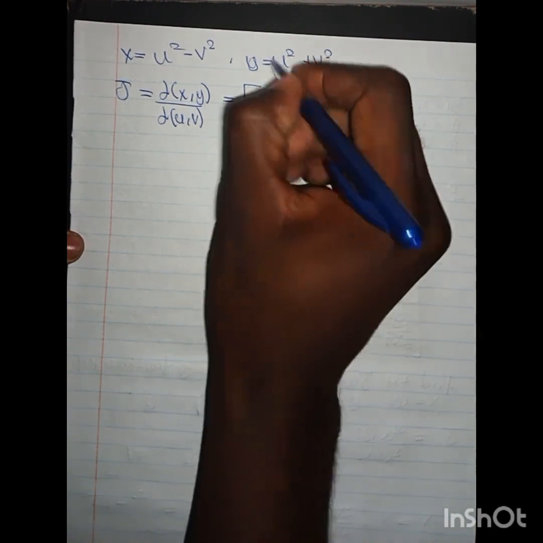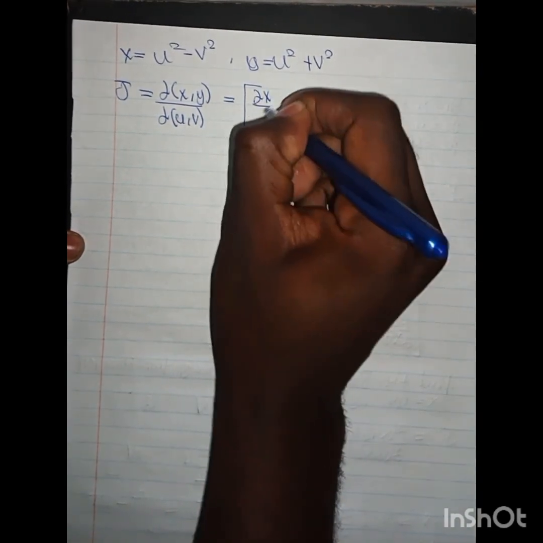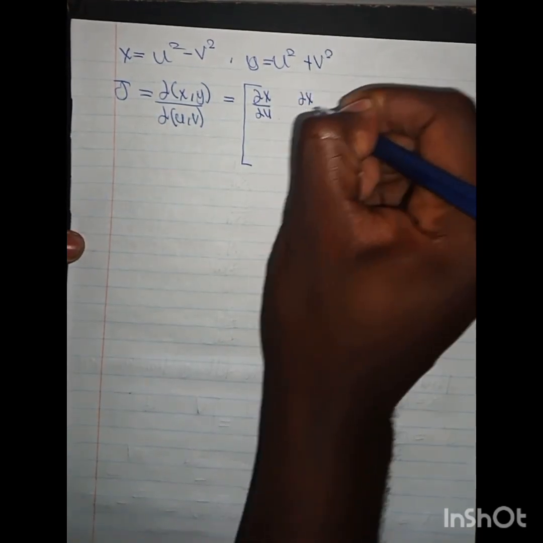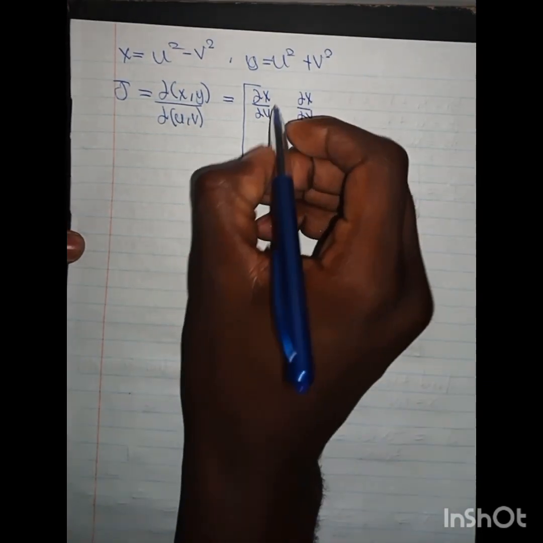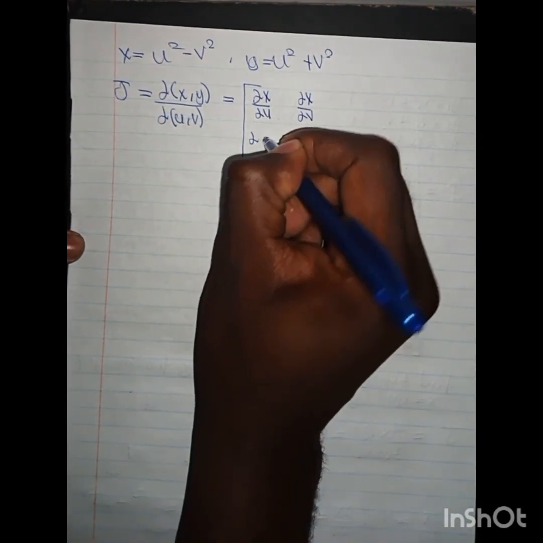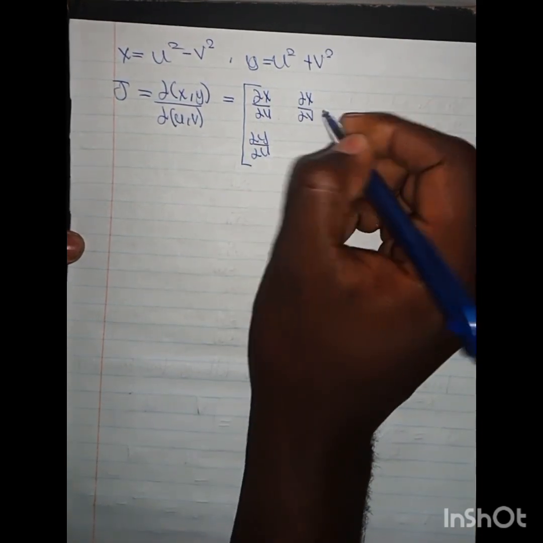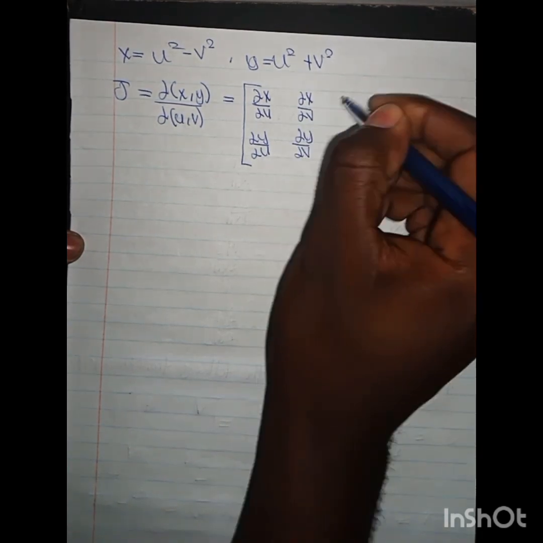Then in the first entry we're going to find the derivative of x with respect to u. Then here we'll have the derivative of x with respect to v. Then in the second row we'll have dy/du. Then the last entry is dy/dv.